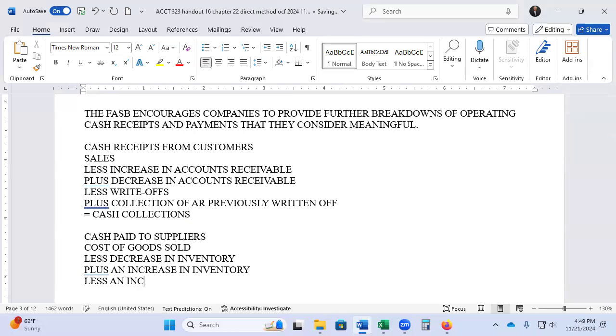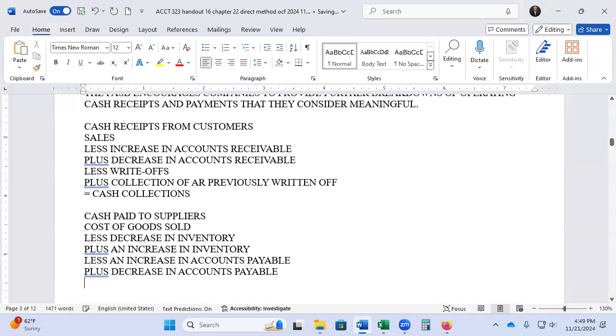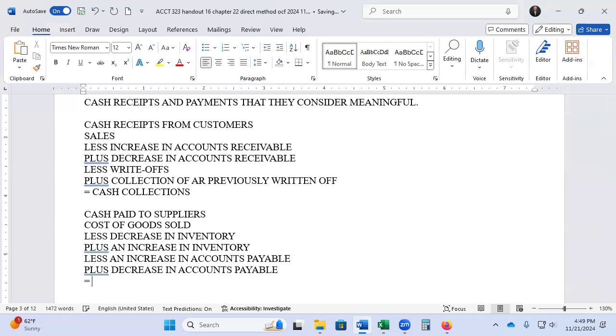Less an increase in accounts payable. Plus a decrease in accounts payable. And that equals cash payments to suppliers.